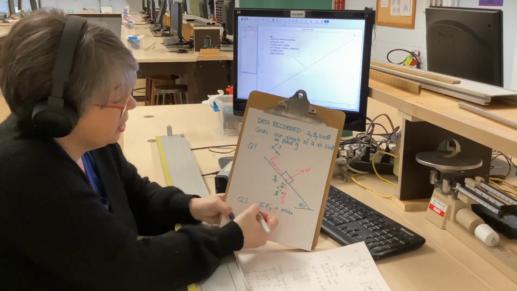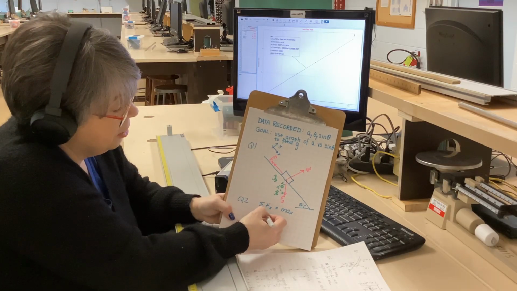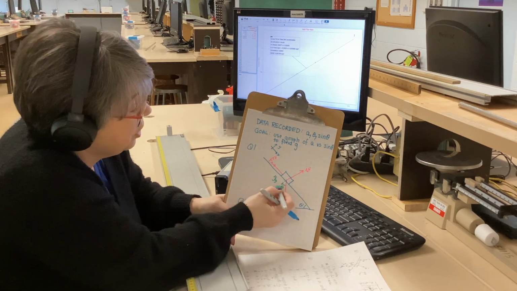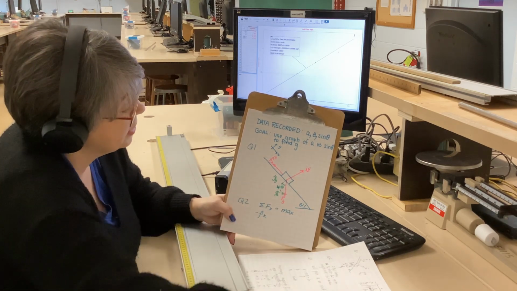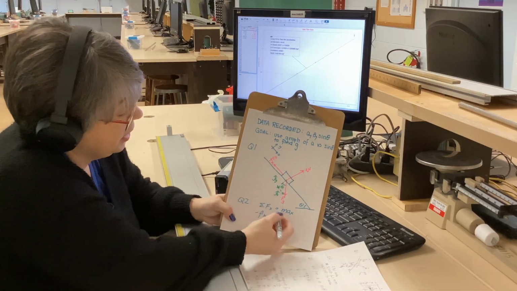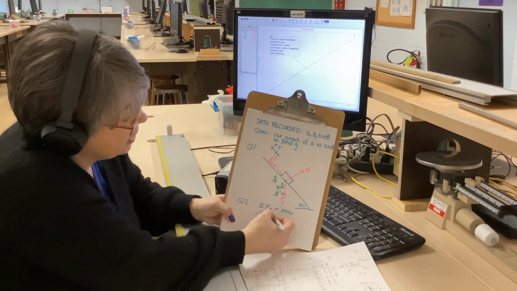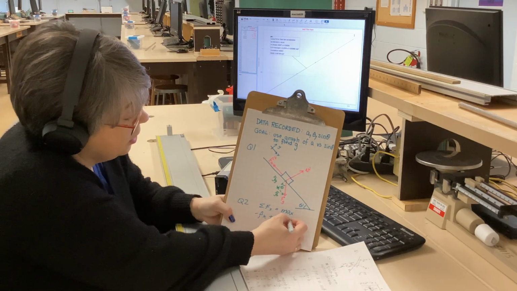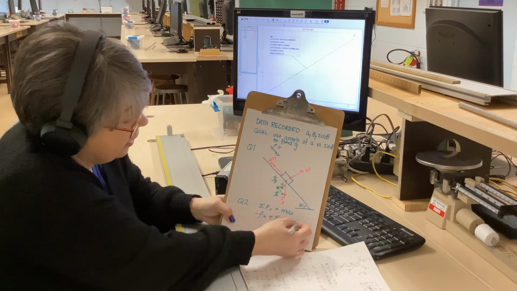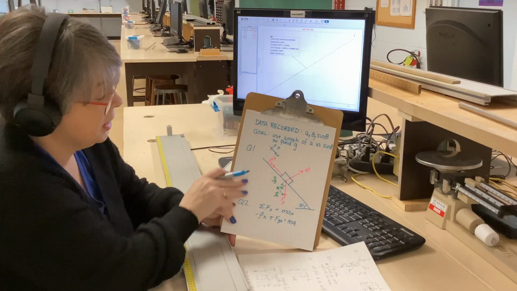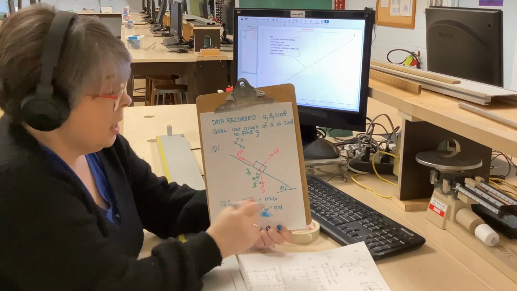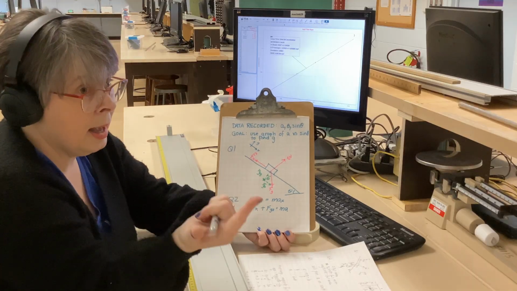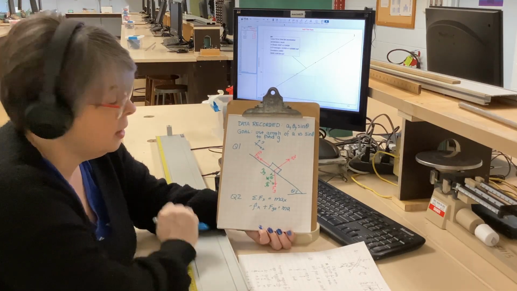Down the hill was positive, so friction is negative, minus Fk. Then Fgy is perpendicular to the track; that's the y component. We want the x component here. Down the track is parallel to x, so plus Fgx equals m times a. The cart accelerates down the track with acceleration a.